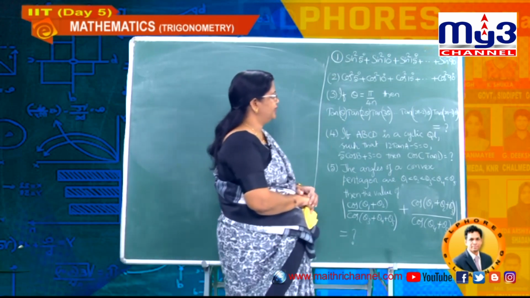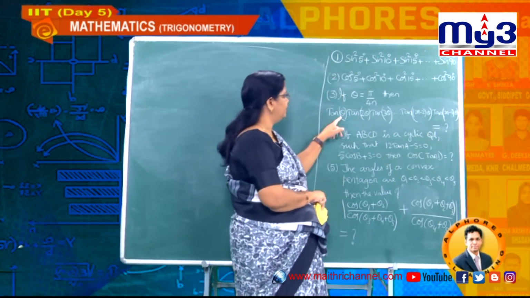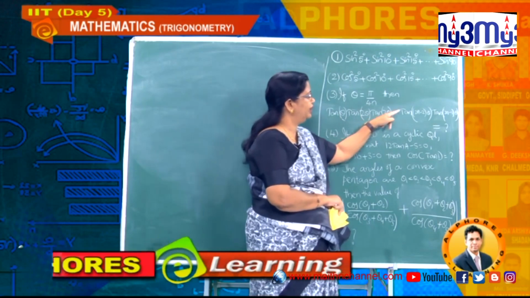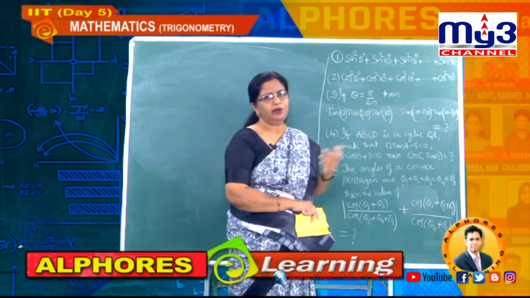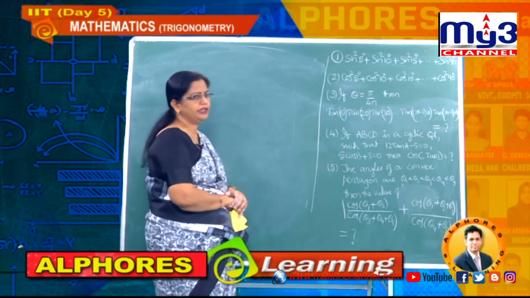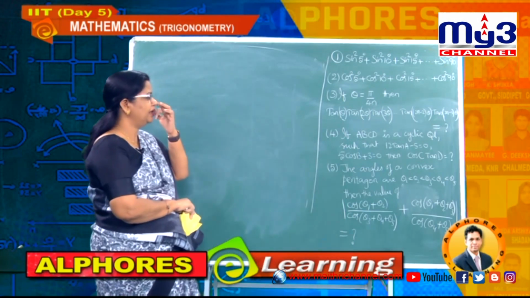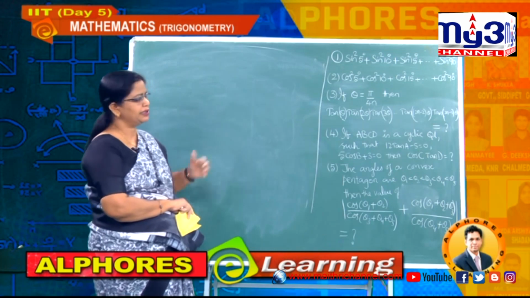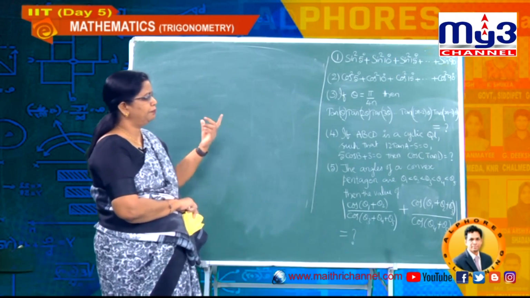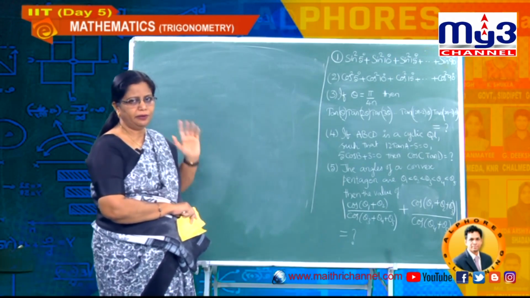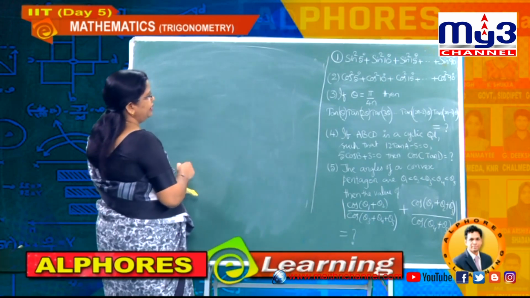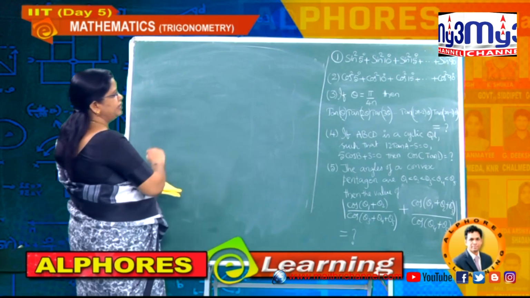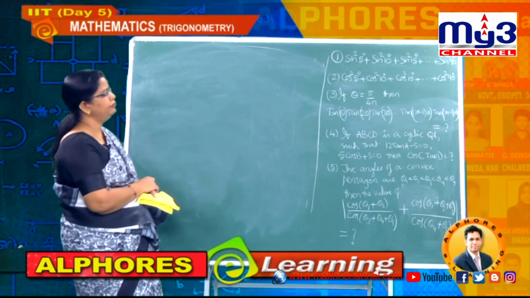How many terms exist? First of all, let us check. How many terms here? 1, 2, 3, ending with 2n minus 1. 2n minus 1 is always an odd number, that means the number of terms here is odd. So now, number of terms odd means, just as we have observed, there are pairs, but one term will be left alone, that is always the middle one. Now I am taking here, first of all, theta equal to pi by 4n.